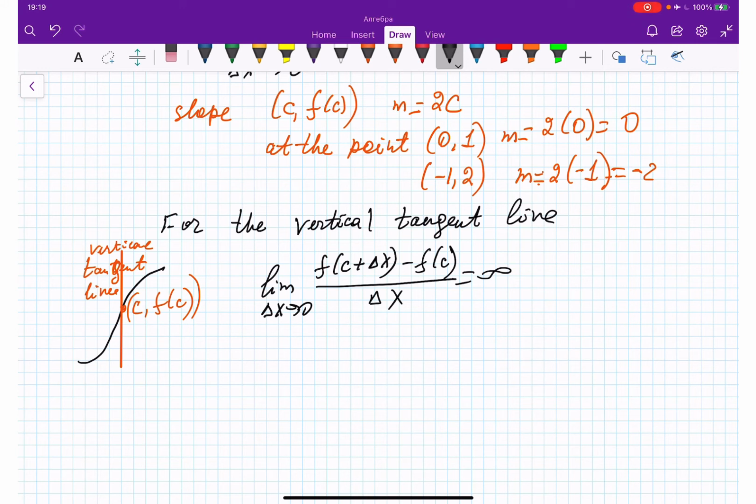And since we are talking about vertical tangent line, the slope of a horizontal line is going to be 0. So this is why when from NASA the rocket is taking off, it's going vertically, because the slope is going to be infinity. And when you are driving on a flat road, the slope is 0, right?